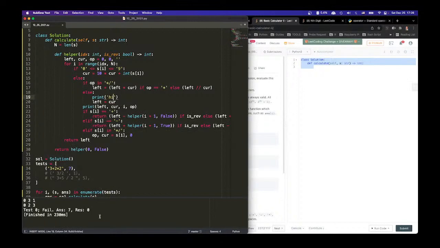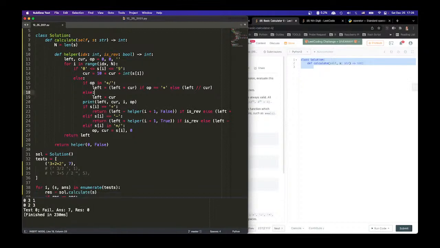No, we're not inside here. Wait. Ah, that's that issue.